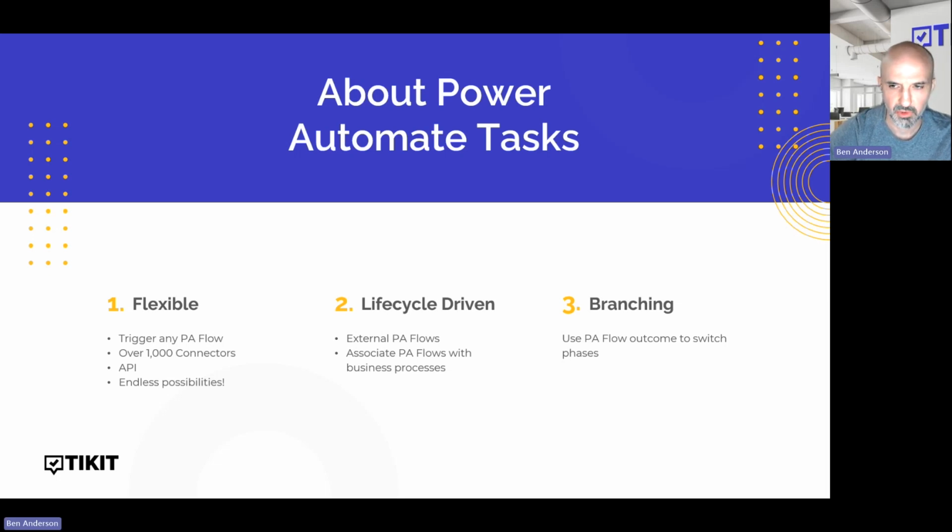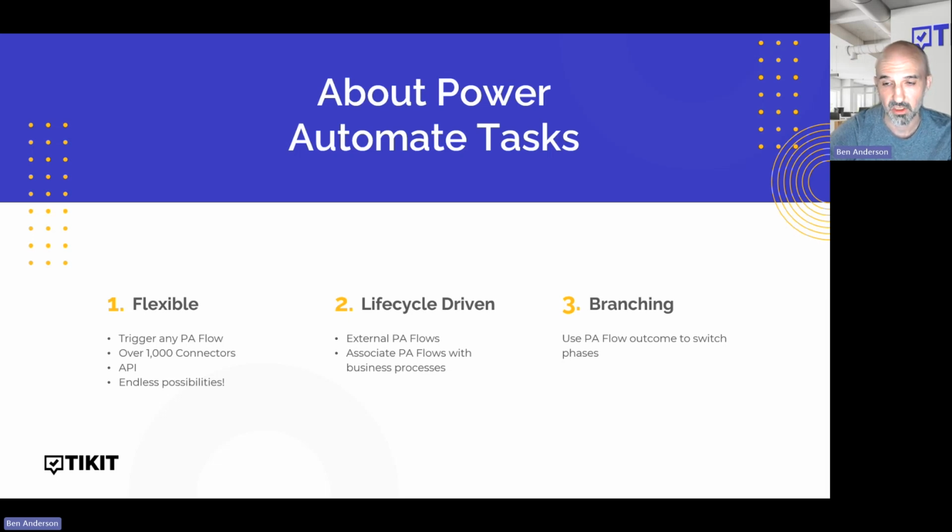Justin did an excellent job last week talking about all the different ways to use branching within a life cycle, depending on the outcomes of your typical life cycle phase tasks and approvals. Just know we have a lot of flexibility with the outcome of our flows as well by putting conditions on the statuses of those Power Automate flows.